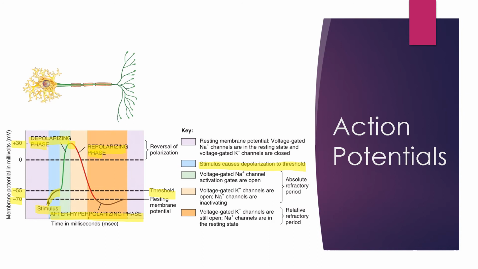During our regular resting membrane potential, in the purple-gray color right here, all of our voltage-gated channels are closed. So voltage-gated sodium channels are in this resting state, which is closed, and voltage-gated potassium channels are closed. Now, after there's a stimulus and the cell reaches threshold, we reach this green color here.